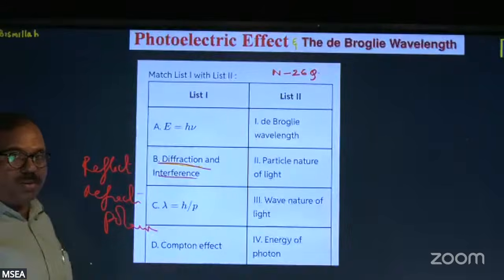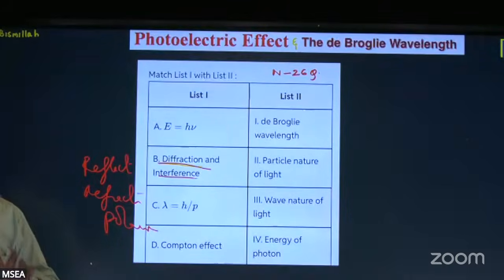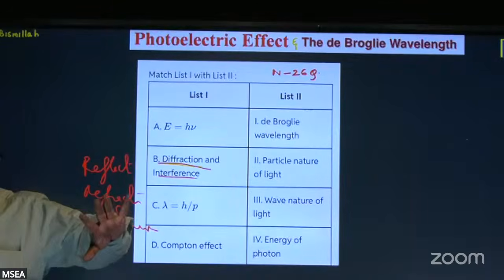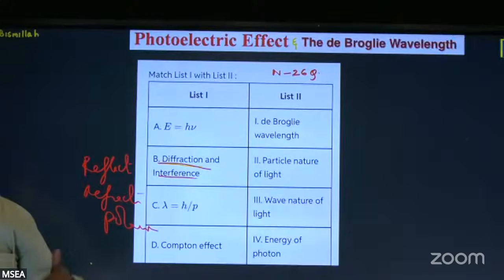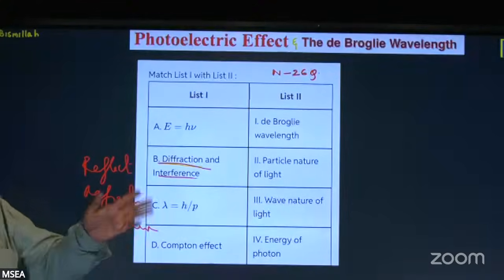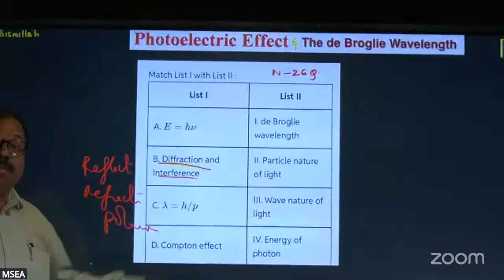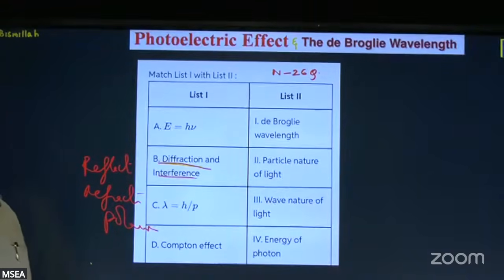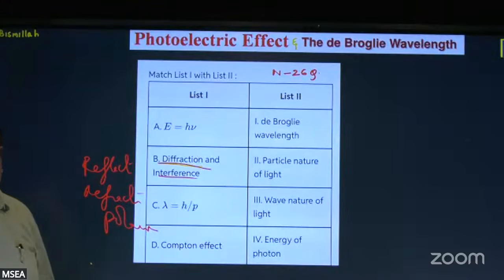These things you must remember. Based on the 2026 or previous question papers, they may ask polarization, reflection, refraction. These are the 3 points you must add for the wave nature of light. So you must remember that.